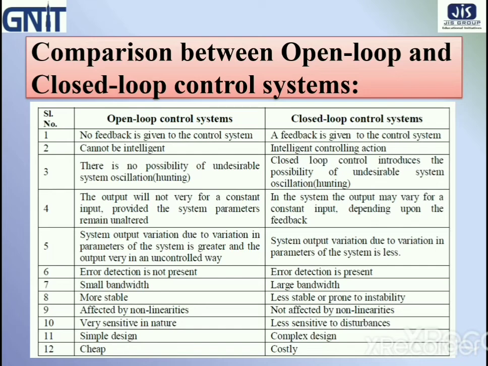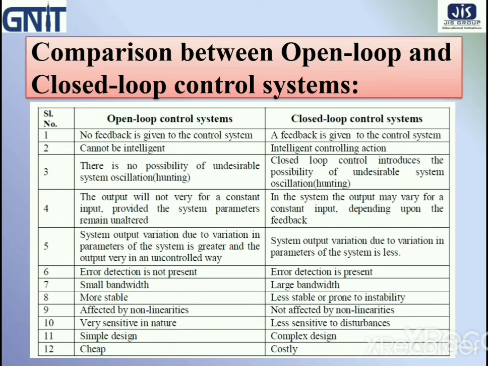Now going to our slide, the difference between open loop and closed loop control systems. In an open loop control system there is no feedback element or feedback path, and in a closed loop control system there is a feedback element or feedback path.